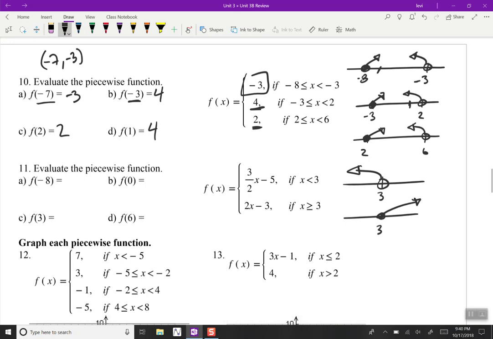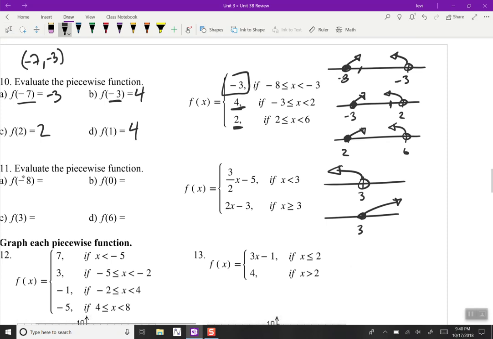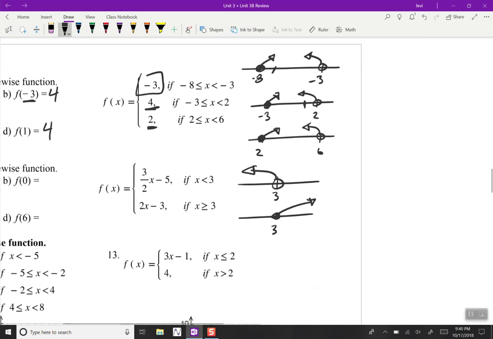Alright, so we're going to substitute this -8 in for x. So let me write it over here. We've got 3 halves, substituting in -8 for x, minus 5. I'm substituting it in right here. -8 for x. So, well, 2 and -8, right? So that becomes -4 times 3 makes -12.